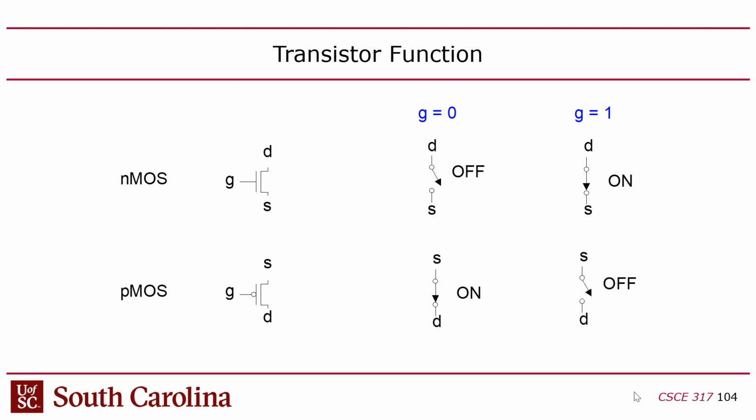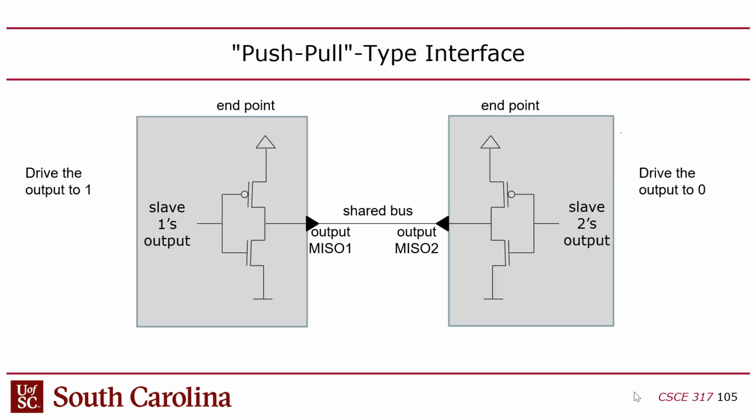You know that from the symbol for a PMOS, which has a little bubble on the gate. Hopefully you remember from 211, that's an inversion bubble, meaning the gate is active low, negative logic. 0 means on, right? Make sense?